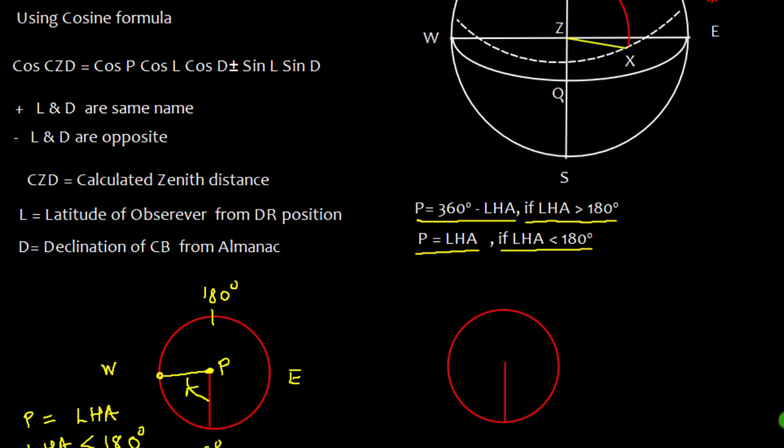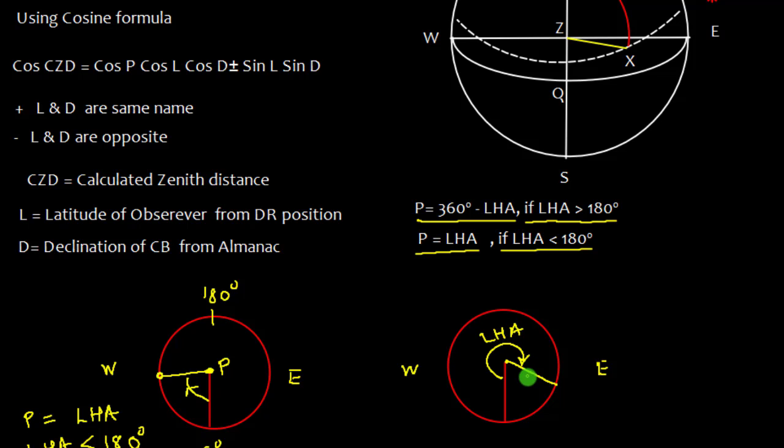Now look at this diagram. Here, this is east and this is west. Suppose the body is in the easterly direction. Well, this is going to be LHA.